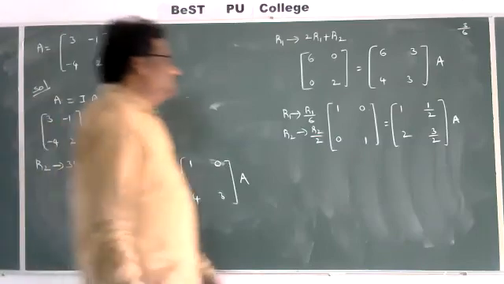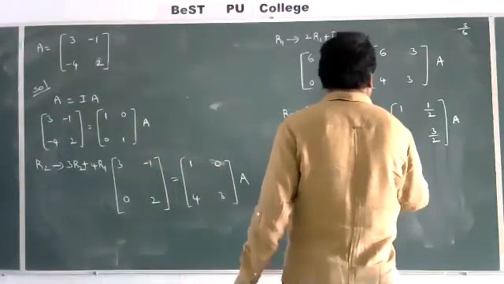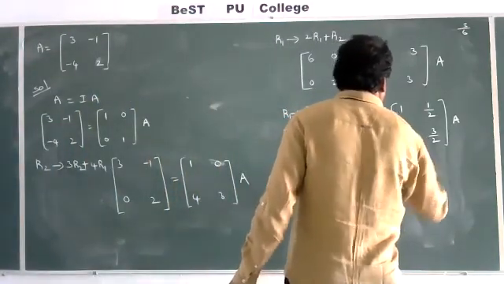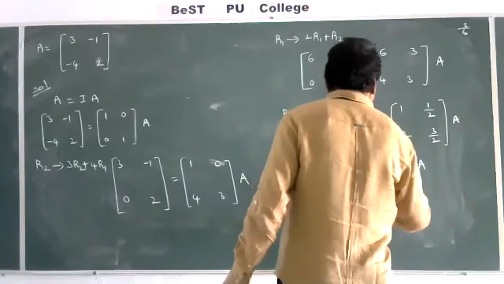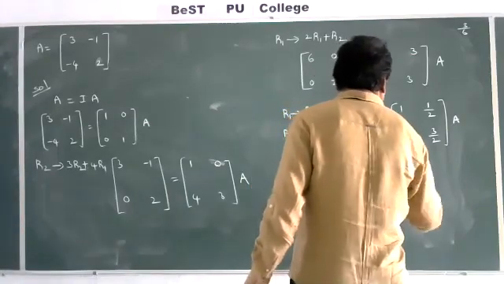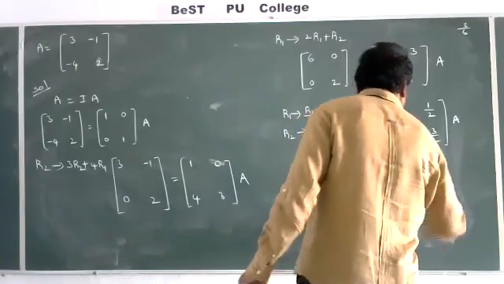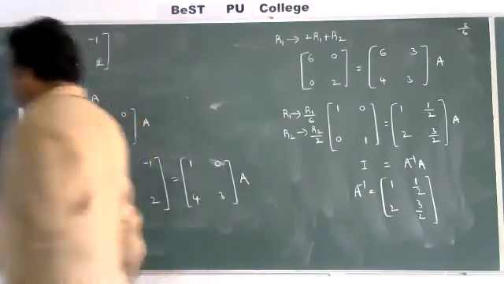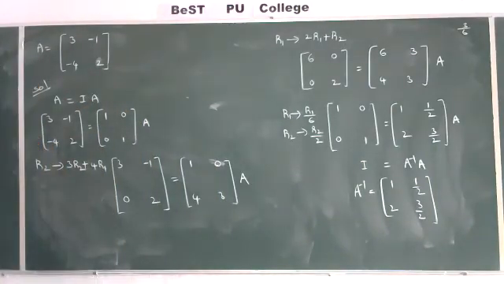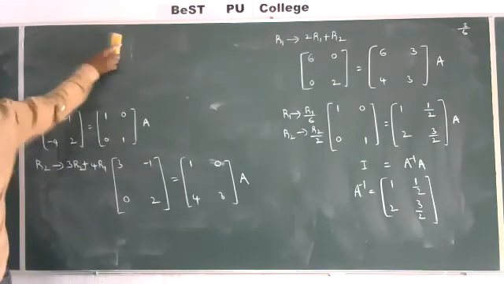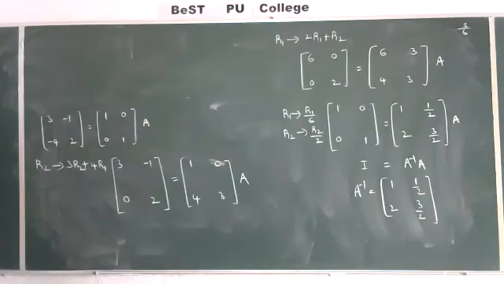That is I is equal to A inverse into A. That is A inverse is equal to 1, 1 by 2 and 2, 3 by 2. Yes, next problem.